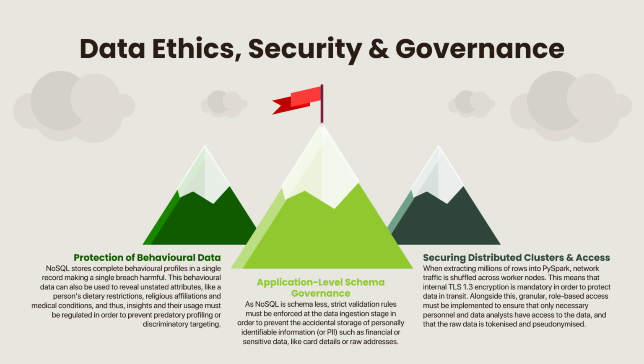Structurally, because NoSQL is schemaless, data governance teams must enforce application-level schema validation during the ingestion stage and layer, automatically rejecting any document attempting to write unapproved, sensitive, or financial personally identifiable information, like credit card numbers and raw addresses, to transactional collections.